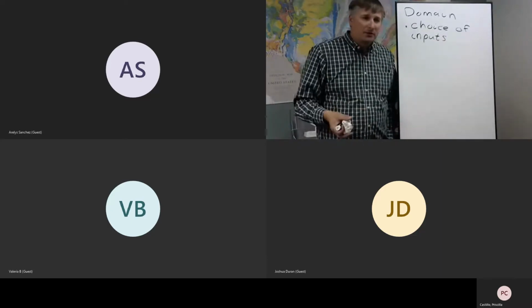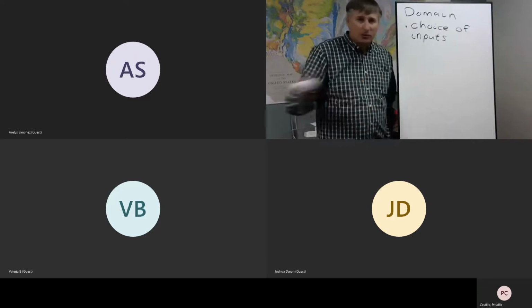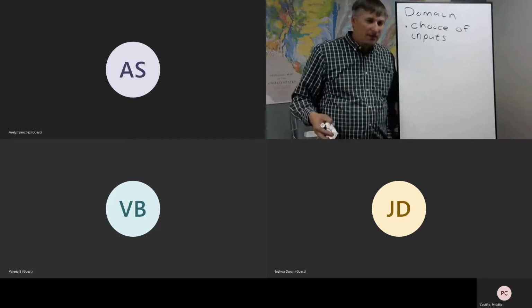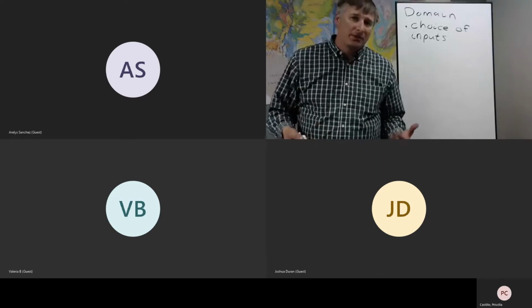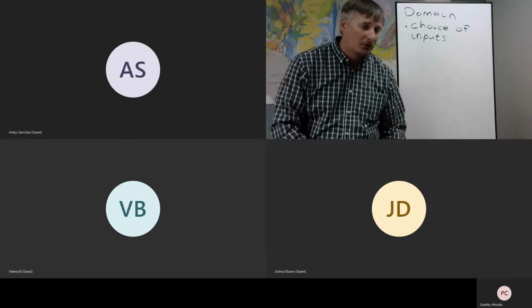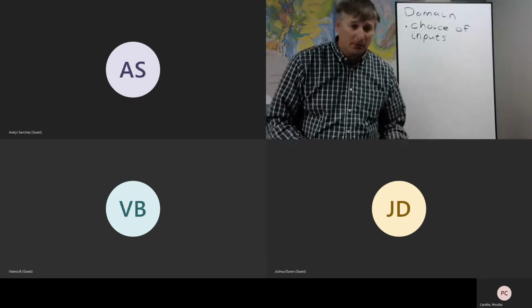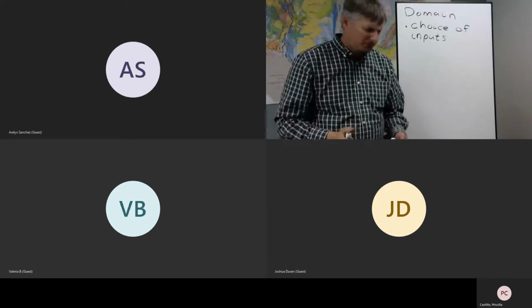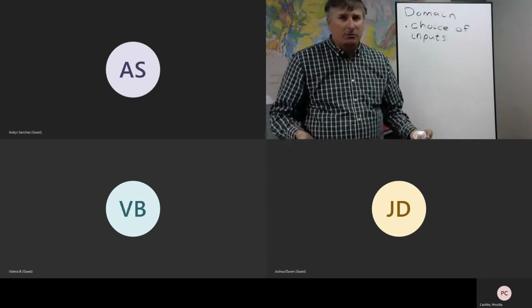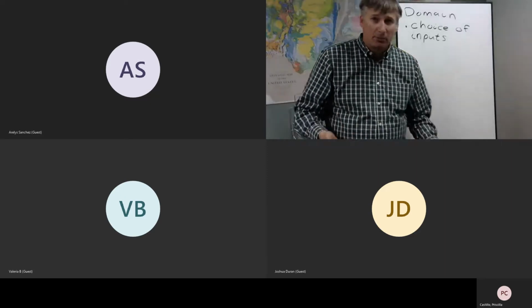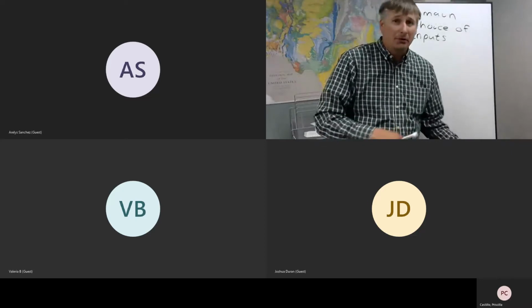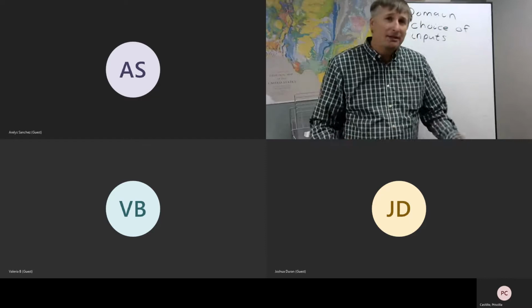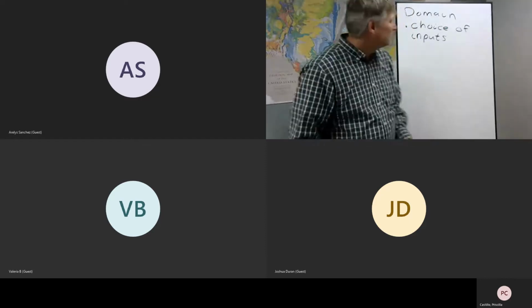Now, I've said before that the advantage with inputs is we can choose whatever we want. And so we say that's an independent choice. So the variable that represents that choice, which is usually x, that's an independent variable. Y, which we represent usually as the output, that depends upon what we used as an input. So we say y is the dependent variable.